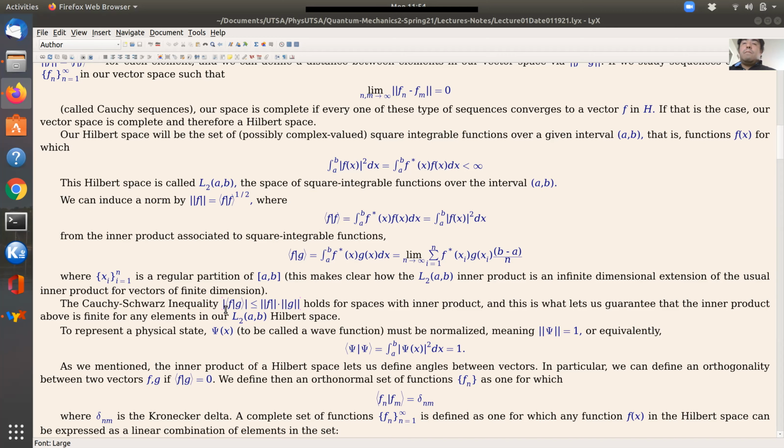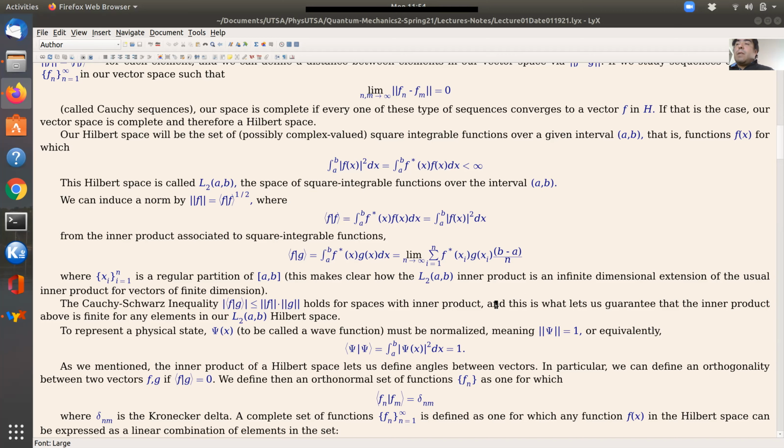This inner product could be a complex number, so you're taking the absolute value, which is non-negative, and it is less than or equal to the norm of one element times the norm of the other. You probably saw it in your last quantum mechanics course, and this holds for spaces with an inner product.